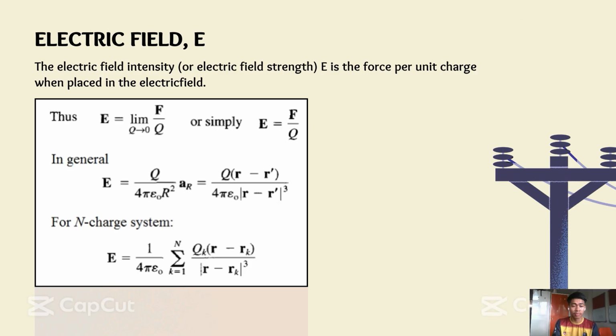So this is the formula that we will use: E equals F over Q. Then we replace the force that we learned before, F, and over Q, and we get the formula: E equals Q times (R minus R prime) over 4 pi epsilon naught times the magnitude of R minus R prime, to the power of 3.